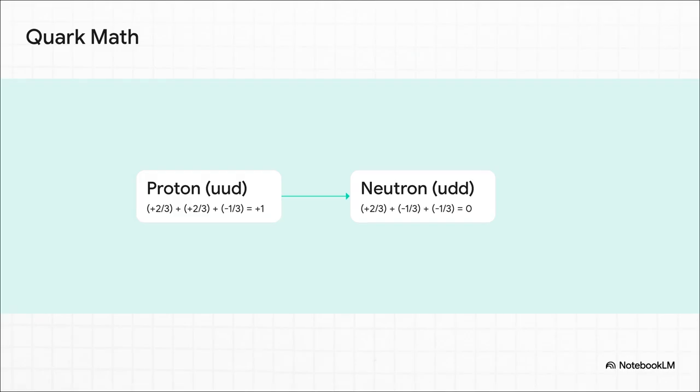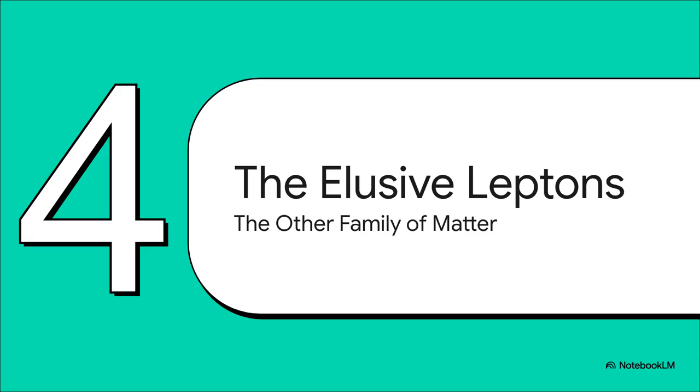For a proton, remember 2 ups and a down, you get +2/3 plus another 2/3 plus a -1/3. And what does that equal? Exactly +1. It's perfect. Now for the neutron, 1 up and 2 downs, that's +2/3 -1/3 and minus another 1/3, which adds up to a nice, neat 0. See? The quark math just perfectly explains the charges we've always known for protons and neutrons. It all fits.